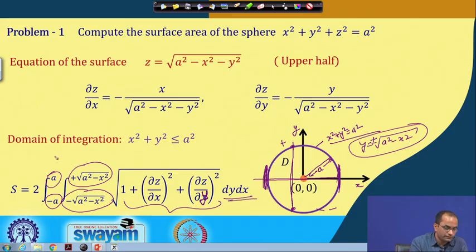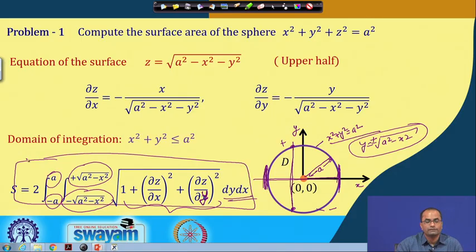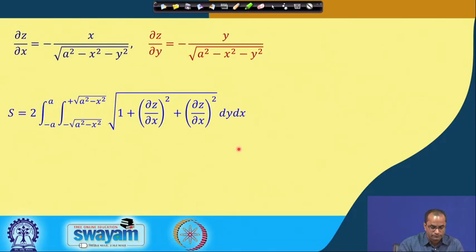So, that is the surface we want to now compute. This double integral will give us the surface area of the sphere. So, that is what we have now. The partial derivative with respect to x is given by this, partial derivative of z with respect to y is given by this, and that was the formula.